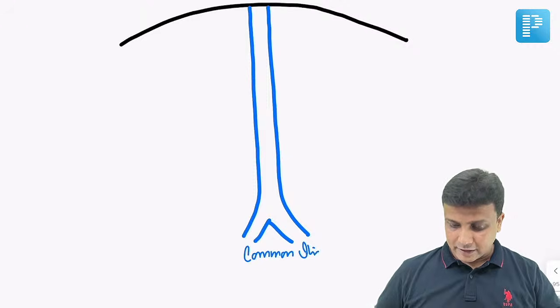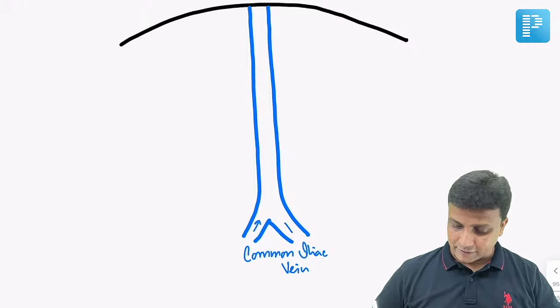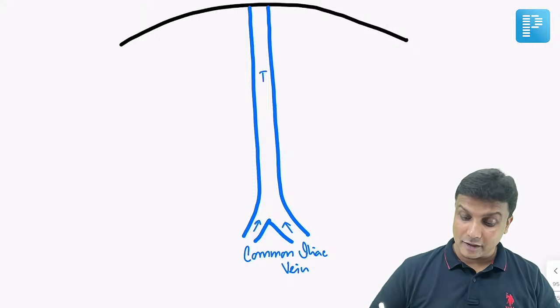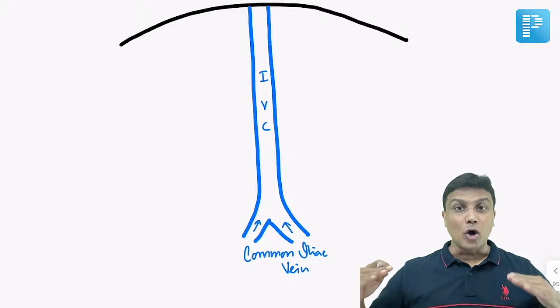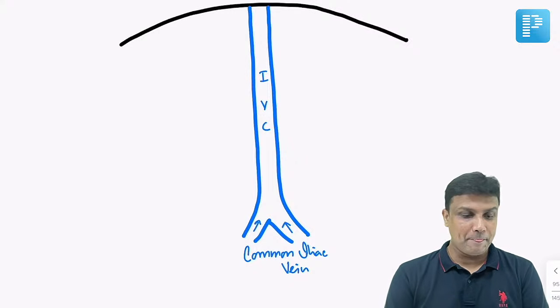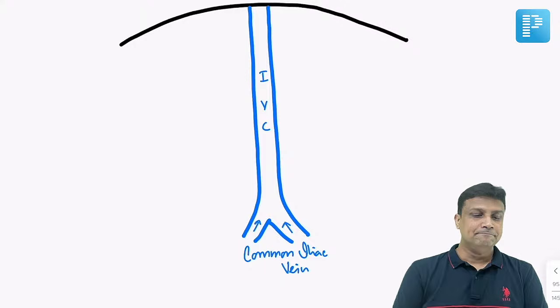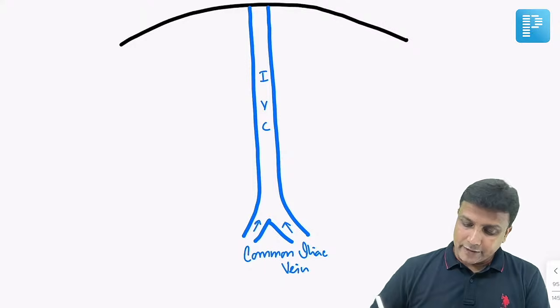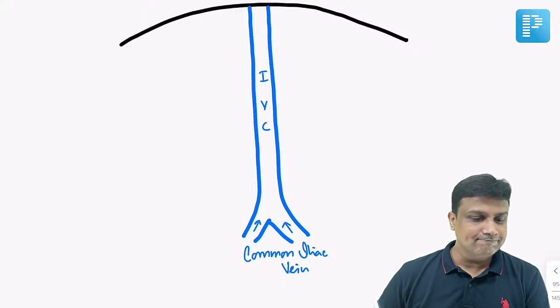Okay. Can anyone tell me, common iliac veins will combine to form inferior vena cava at which level? Come on, answer me. Remember, it will be at the level of, I'm seeing the chat box here.